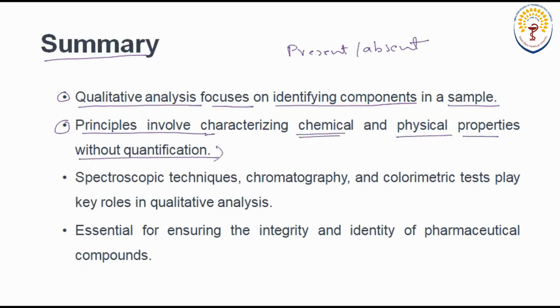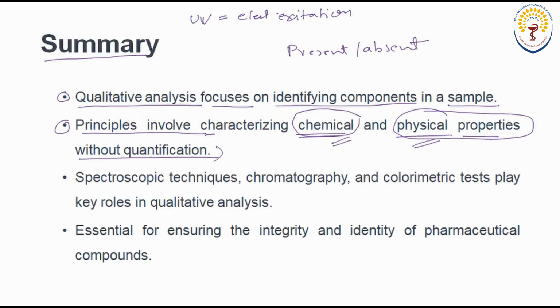You can easily identify something. If you want to identify something, even in a broader sense in your life, you have to check certain chemical or physical properties of the thing. If you can check those physical and chemical properties, you can easily identify that substance. For example, in UV we check the electronic excitation, because when we subject a substance to UV there is electronic excitation.